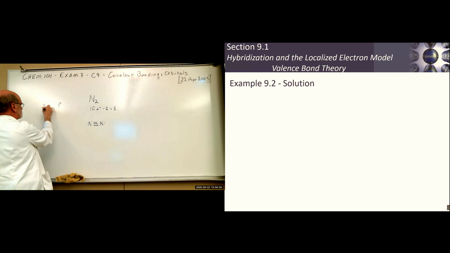Okay, so if each one of these nitrogens is sp hybridized, then it looks like this. And you still have the lone pairs out there, with these overlapping.